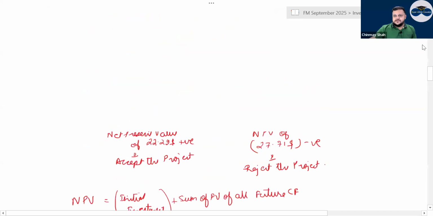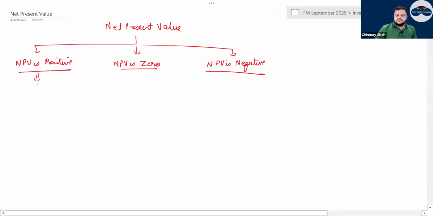So come to the table at the heading. Everybody in this table, write down: NPV is positive, accept the project. Correct. NPV is negative, accept or reject? Reject the project.